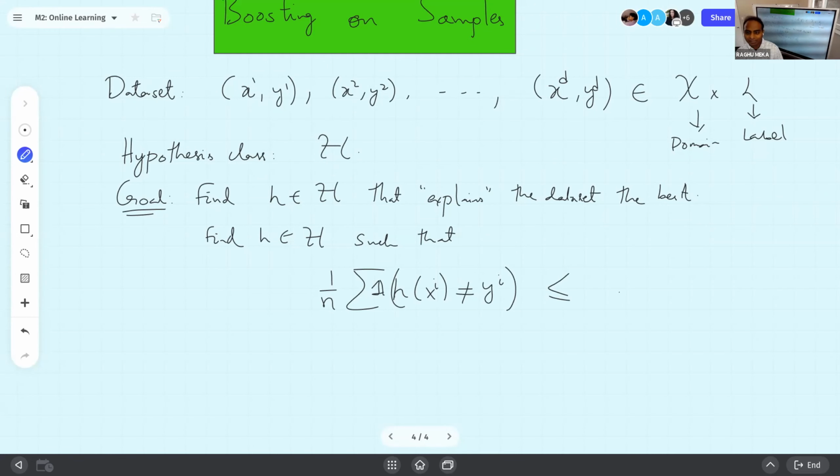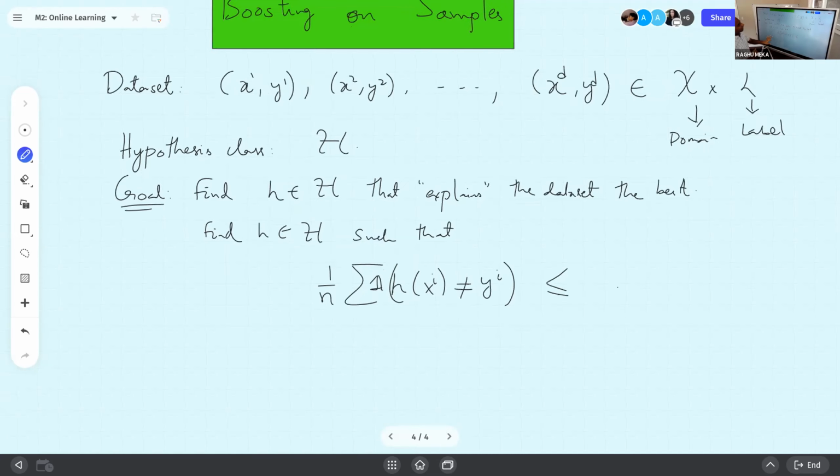So a little bit like empirical risk minimization, where your parameter space is given by this hypothesis class H, and the loss you're looking at is just the 0-1 loss. Are you correct on the example or not? Okay, so suppose this is my goal. It's kind of a version of empirical risk minimization.